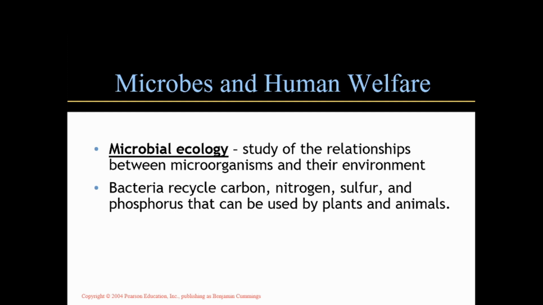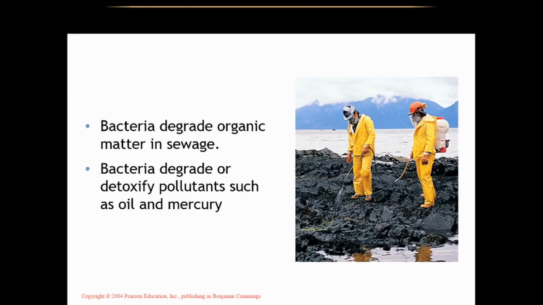They are instrumental to all four of those cycles in breaking down compounds and releasing these elements to then be taken up by plants and then by animals. So they're the basis of the food chain. They're breaking down these compounds that are needed by all living things. Microbial ecology is the branch of microbiology that studies these relationships.